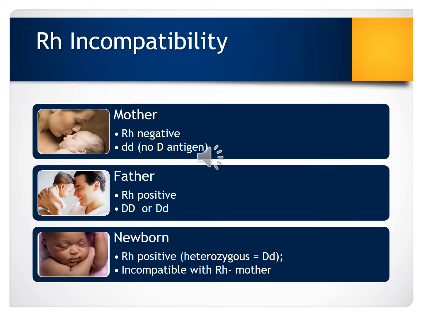Now the father or the donor can be either Rh positive or Rh negative. And so Rh positive can be in the form of two uppercase D's, which is homozygous, or it can be heterozygous where there is an uppercase and lowercase d. So then what does that mean for the newborn? Let's look at it in these next couple of slides.